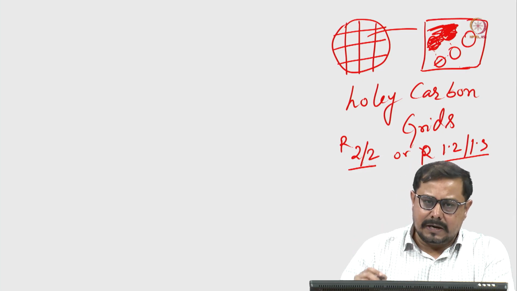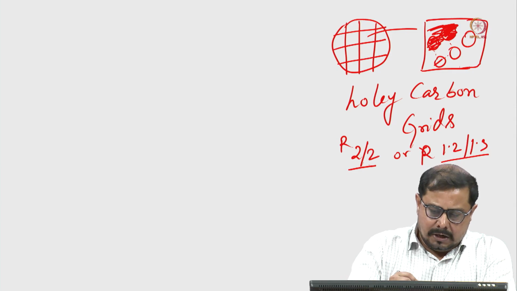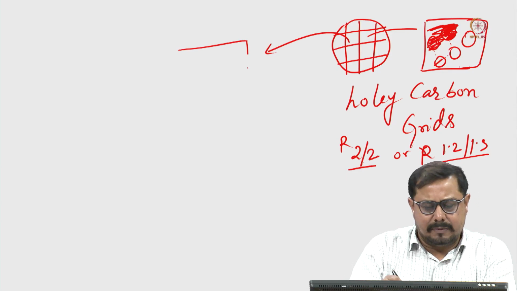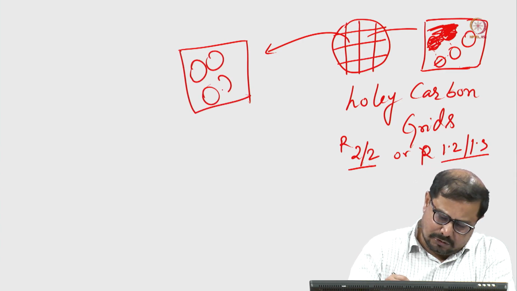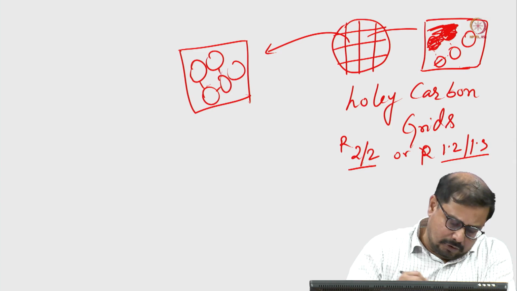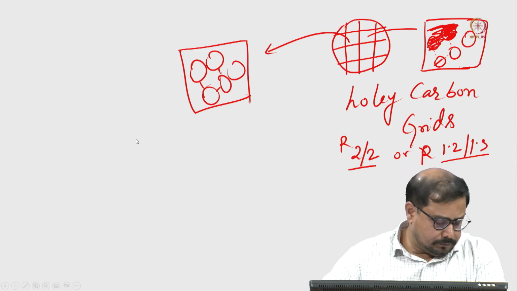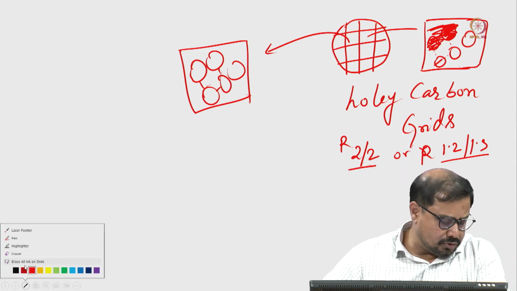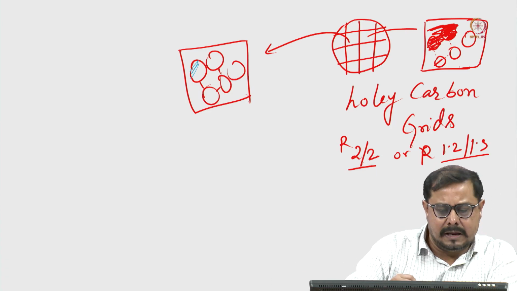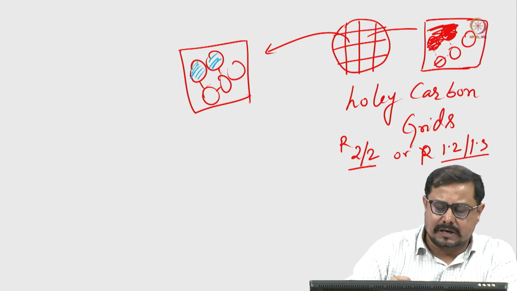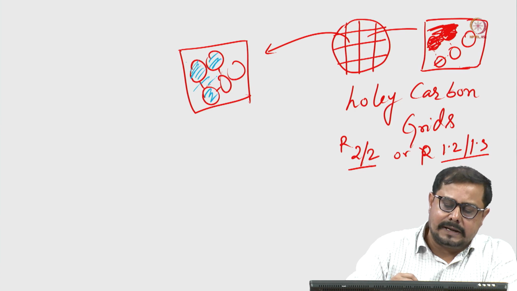But sometimes, as I showed you here, we have a square where we have those uniform-sized holes, and a distance between the holes. Now if we want to coat those holes with amorphous carbon, there will be a very thin layer of amorphous carbon on top of the entire area.